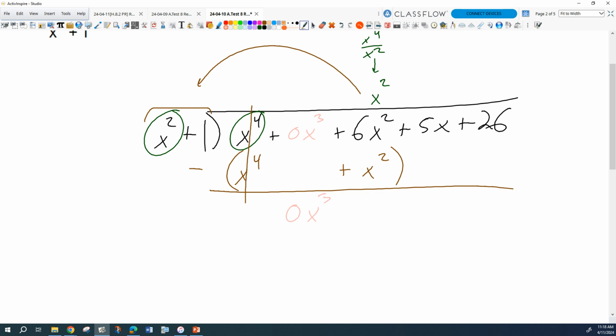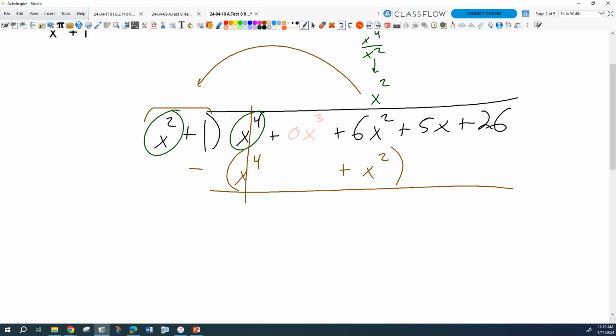We don't bring the 0x cubed down. Think why the 0x cubed was there in the first place. It was there to create the x cubed column, which turns out we're never going to use, because we never got any x cubes to subtract. So we just don't bother with that x cubed. We just move on, because we don't want a 0 coefficient for our leading term.